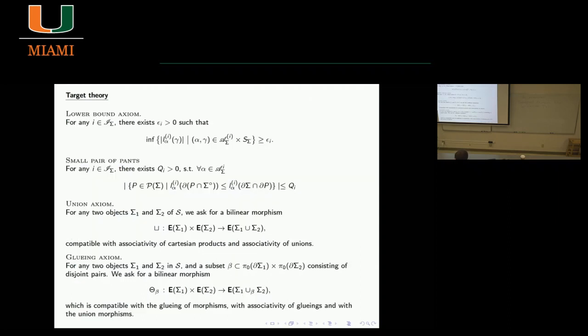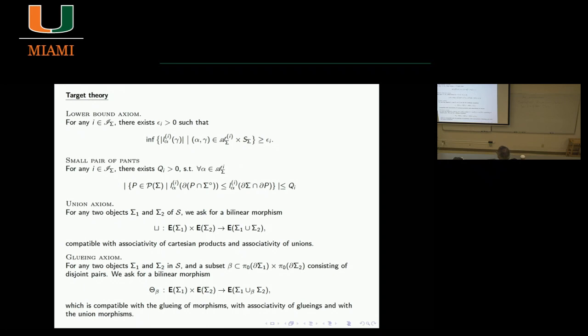Now, I also want a lower bound axiom, and that is saying for any I, there should exist an epsilon I bigger than 0, such that if, for that I, I look at the infimum over all the seminorms and all the multicurves, and I compute the length, this must be bounded below by epsilon I. This is the perfect analog of the systole set. It's saying the length of the shortest geodesics is at least epsilon, and so it's a map from I to the positive real numbers, right? So this is the analog of the systole set.